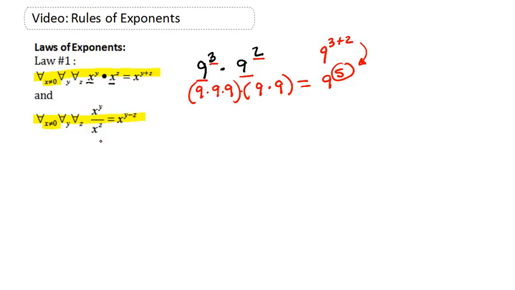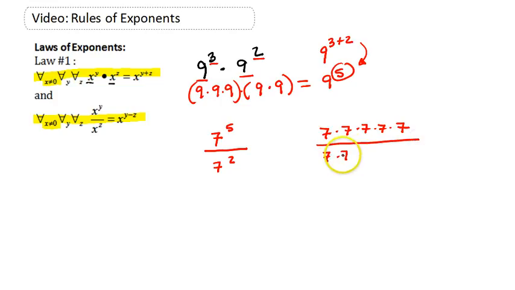Now let's look at division. Let's say I have this example: 7 to the fifth divided by 7 to the second. Let's write this out. That's like 7 times 7 times 7 times 7 times 7, or five 7s, divided by 7 times 7, or 7 to the second.